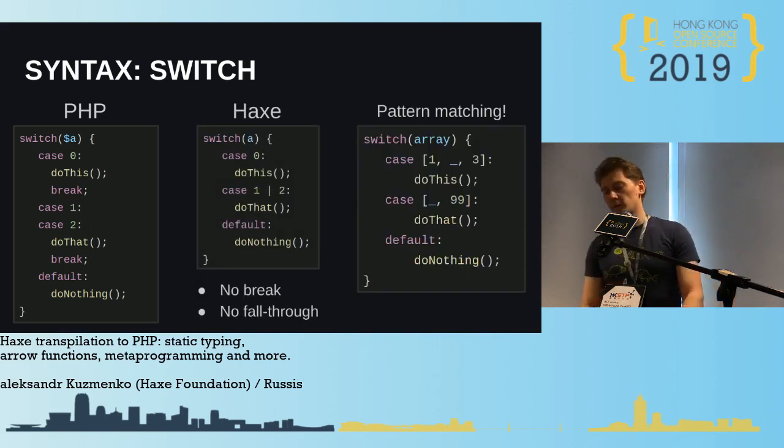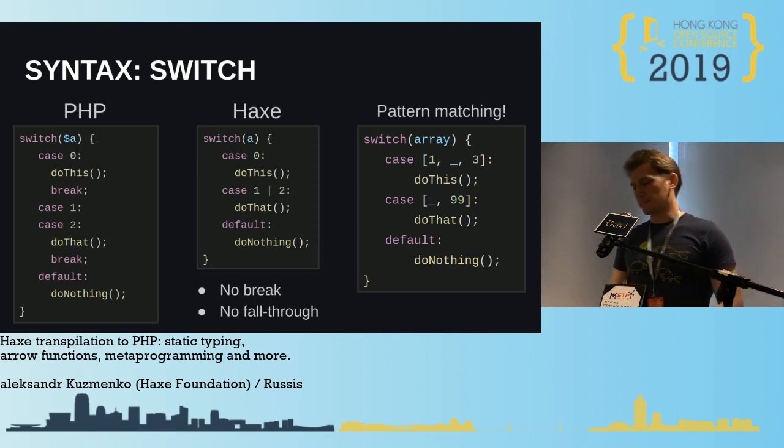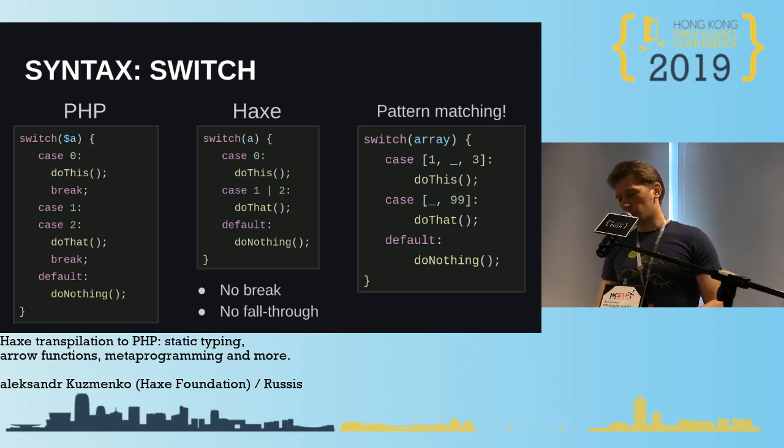If you're not familiar with the feature, it may look something like this. You can switch, for example, on an array, and in cases you specify what the content of that array should be to fall into each specific case.